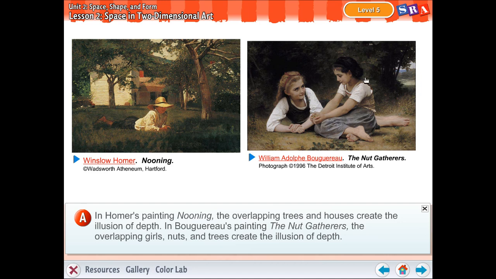And then if you look in the background, you see the trees are much smaller. And then you can also see something like this little pop of blue right here and this little area right here. So it makes it look like this is the larger area. And as you look further back into the painting, you can see that it's going from larger to smaller, and it's also higher up on the page.